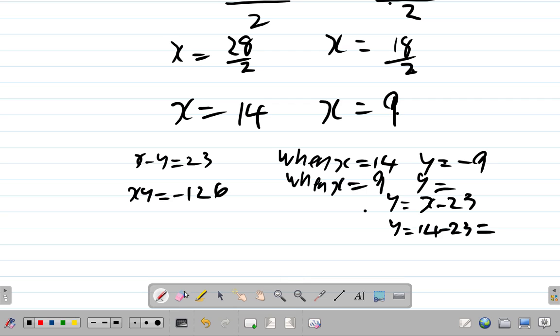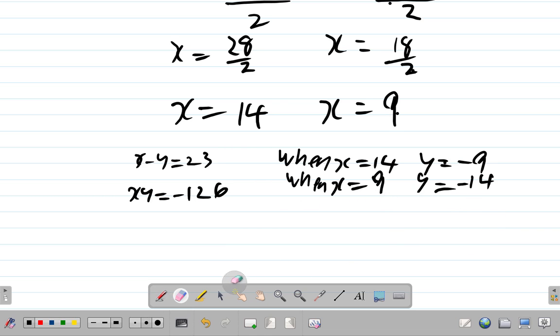Well, we know that y is x minus 23. So when x is 9, y is 9 minus 23. That's negative 14.